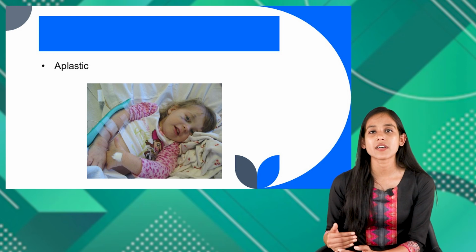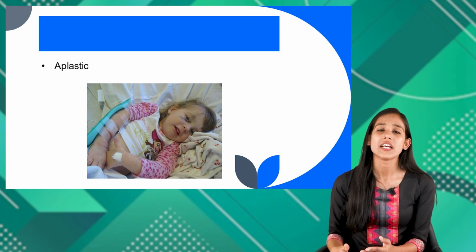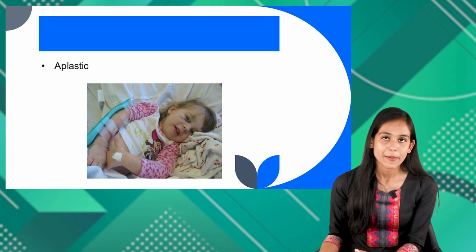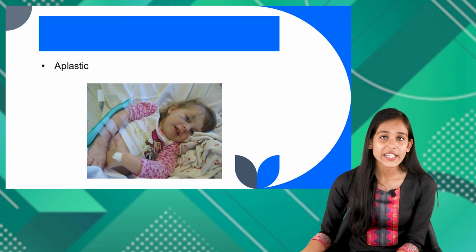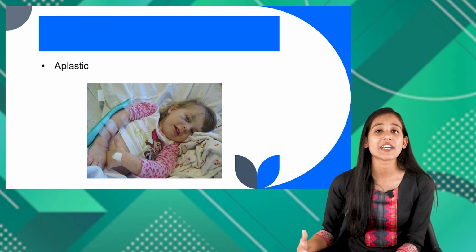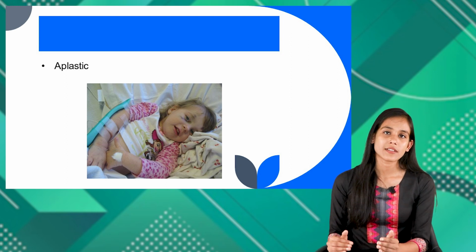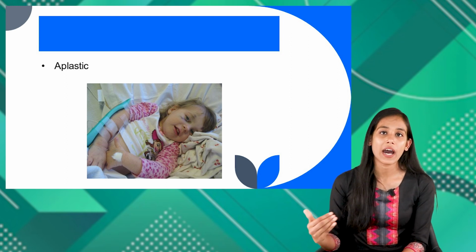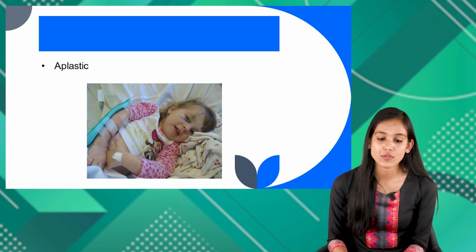So even if the bone marrow is producing a proper amount of RBCs, the bone marrow can't keep up with that pace, because they would only live up to 20 days, when they are supposed to be there for 120 days. So you can understand that the destruction rate is so high, right? So that's the reason there would be aplastic episodes also.